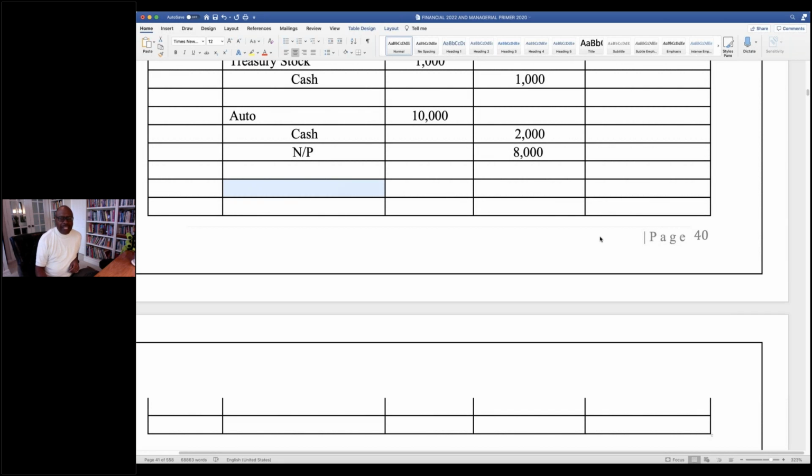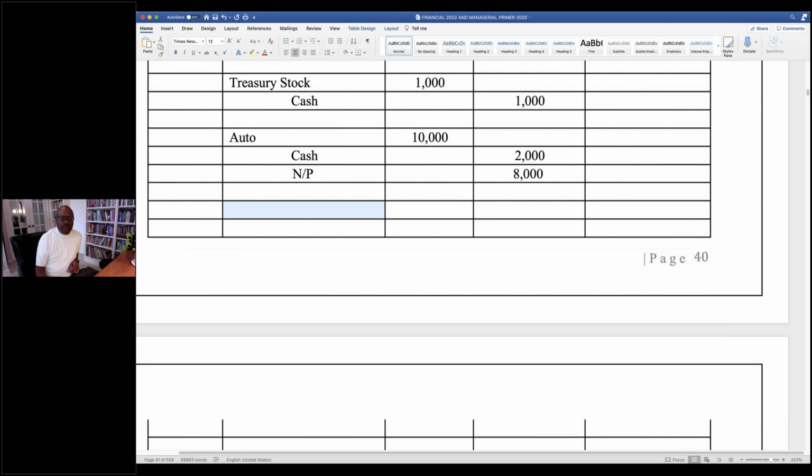So when we calculate depreciation, we know that we do what? Well, for double declining, we subtract the salvage value from the original value, right? And we're going to divide that by what? 4, to get us a double declining balance rate of what? 50%.